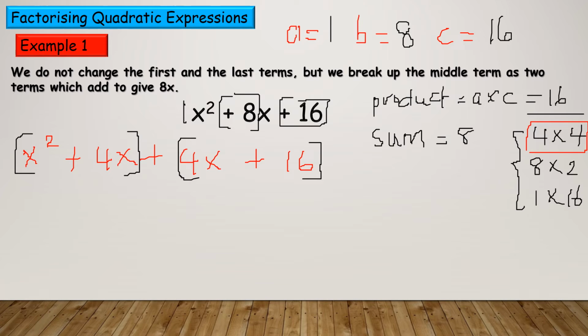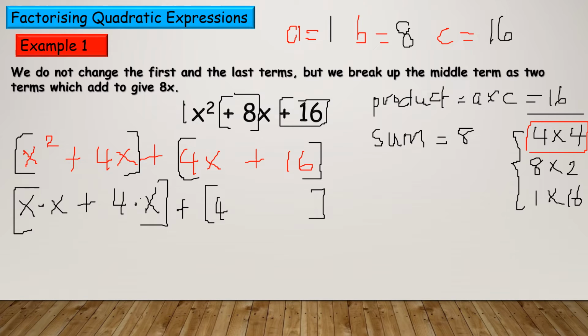So x squared plus 4x: I can say x squared is x times x, plus 4 times x. That's one bracket. Plus the second bracket, let's expand: 4 by x plus 4 times 4.